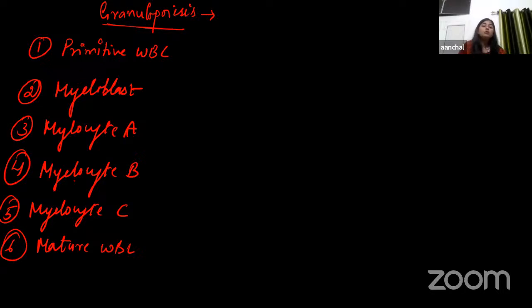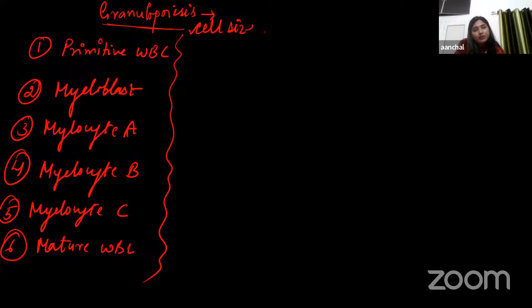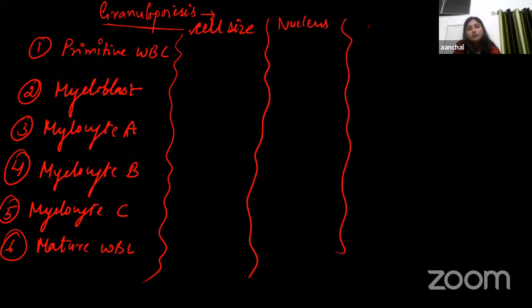Now we're going to know the various kinds of variation that come in the development of WBC. We're going to discuss it with the help of cell size, nucleus, cytoplasm, and also the cell division.